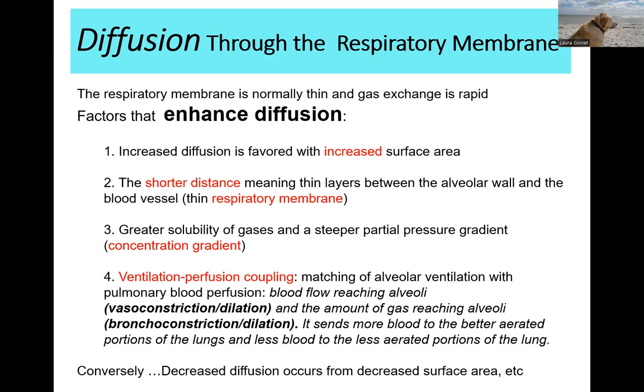I mean, it will occur, but it won't occur very quickly, because there's no real difference between the gas concentration on one side of this respiratory membrane versus the other. If they're not very different from one another, then we're not going to have very much diffusion. There's really no need to. But that ventilation perfusion coupling is a really good thing to keep in mind. And it's really not that complicated.